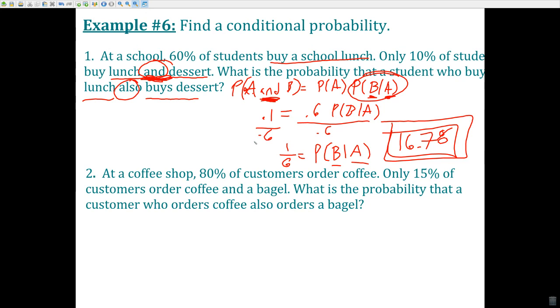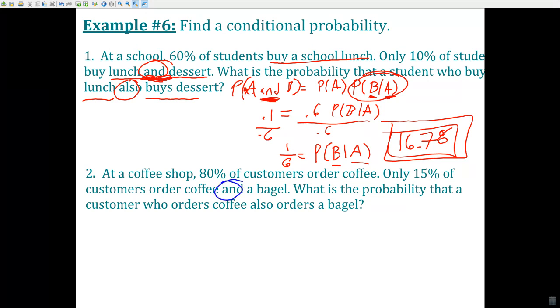All right, last problem. We got it out of the 40-minute video. Coffee shop, 80% of customers order coffee. Only 15% of customers order coffee and a bagel. What is the probability that a customer who orders coffee also orders a bagel?